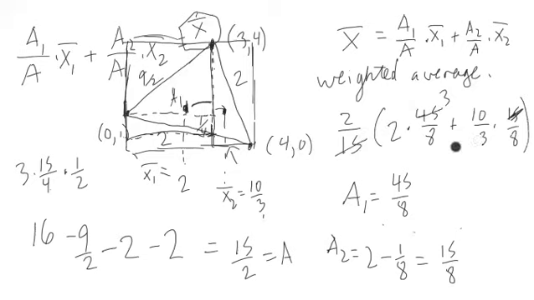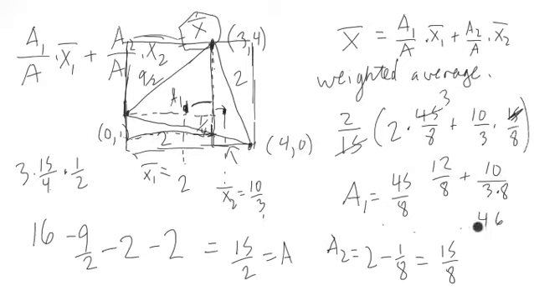And let's see, then we end up getting 4 times 3, so 12. 12 over 8 plus 10 over 3 times 8. So we can multiply top and bottom here by 3 to get 36 plus 10.